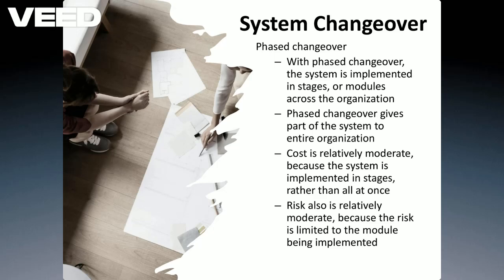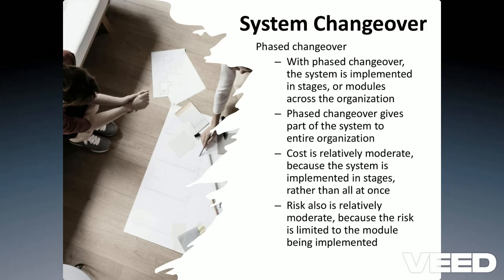Phase ensures that the change is gradual, allowing things like user acceptance, familiarity, also gauging the effectiveness. So in the event that the transport module fails, then we roll back to what we had before. And only transport is impacted, the other parts of the organization remain operational.